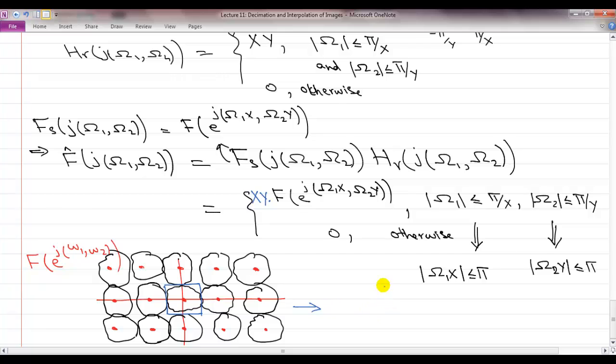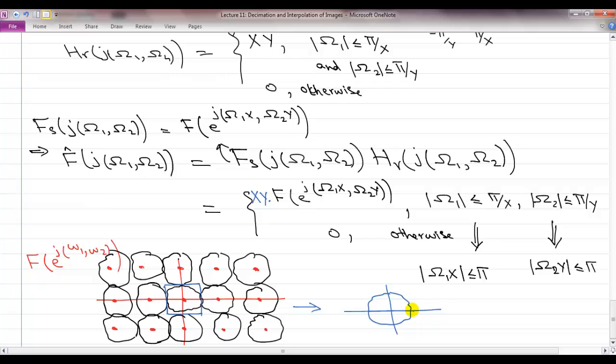So you pull that out, and you get something which lies within minus pi to pi in the x-axis and minus pi to pi in the y-axis, and then you do a scaling of your frequency axis by dividing by X in this direction.